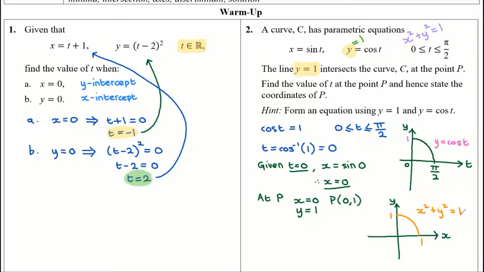If we put the line y equals 1 on there, it's a horizontal line that intersects right there at the point (0, 1), which was what we've just deduced. Now that would be using the Cartesian form. As you can see, it's quicker and easier just to use the parametric form.